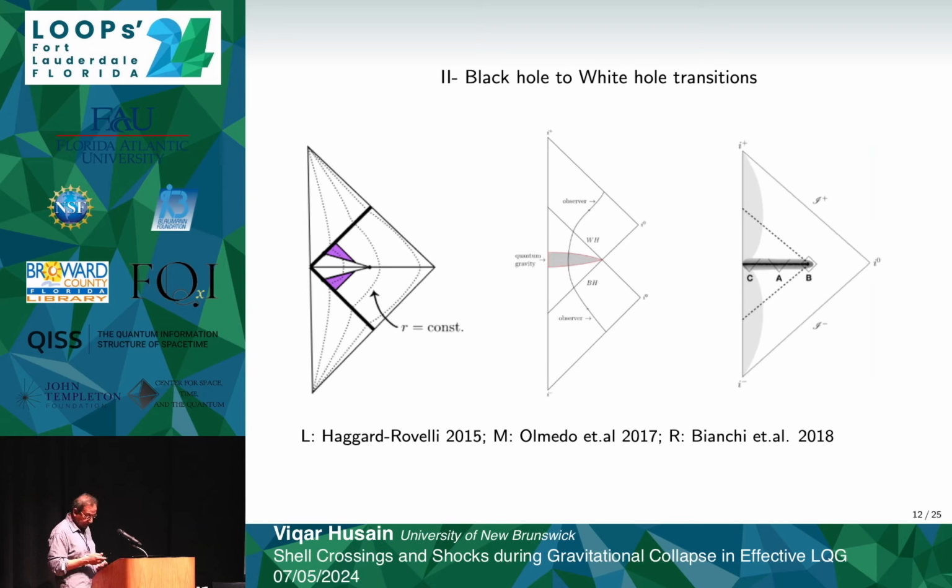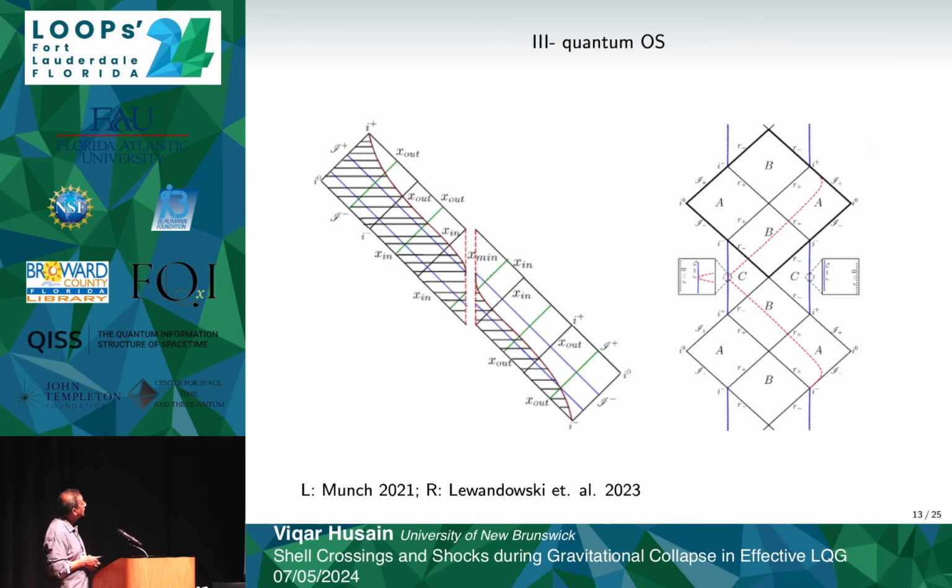If you look in the literature, there are lots of other diagrams of this kind, with two asymptotic regions in one, and one in the other, two on the ends. And then we come to the quantum mechanics models: quantum Oppenheimer-Snyder, there was some work by Münch based on the model of Ed and grad students, which is on the left, and then there was the Swiss cheese diagram, which is on the right. So again, the point is that there's a rich spectrum of Penrose diagrams to pick from, and some of them have metrics underlying them, and some of them don't.